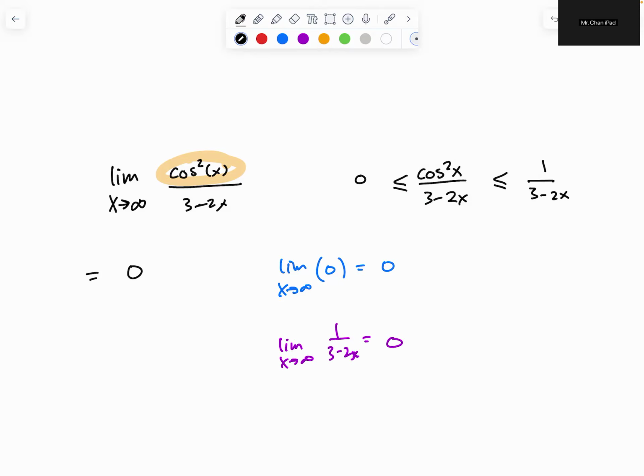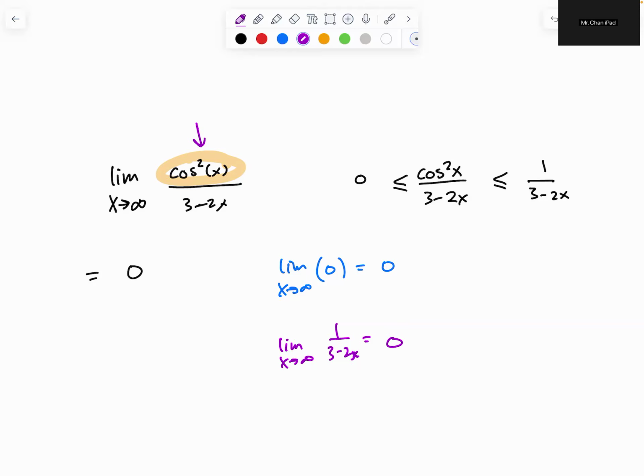So this is a way to find limits indirectly, because we have no way to directly assess what this limit would be by plugging in infinity. There's no way to simplify this algebraically, but we can use the boundaries to predict its behavior.